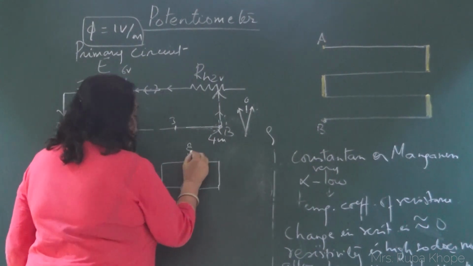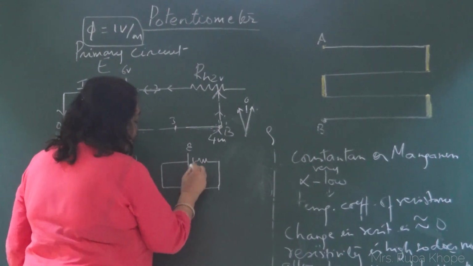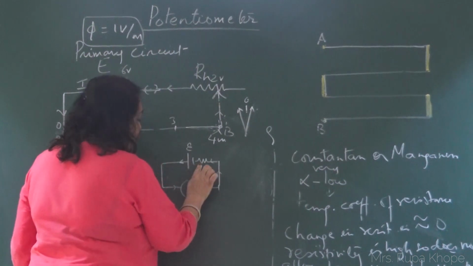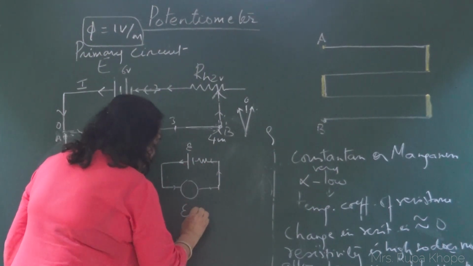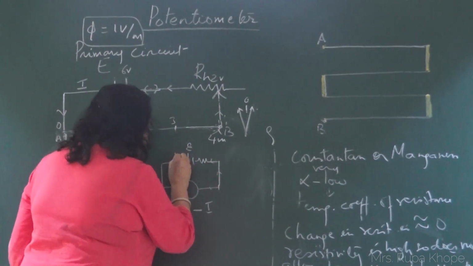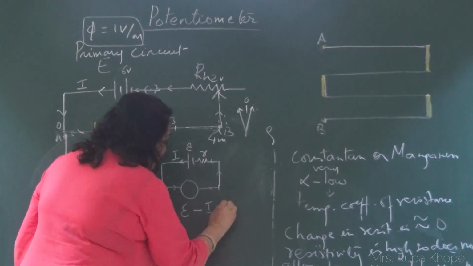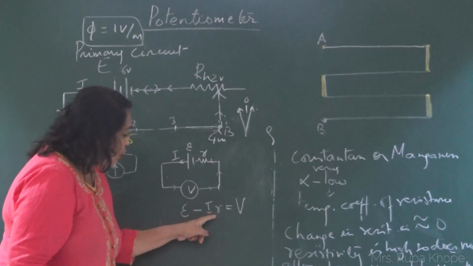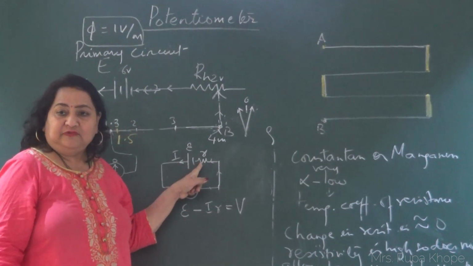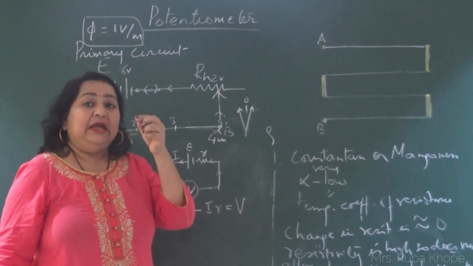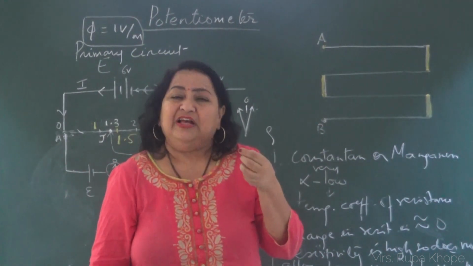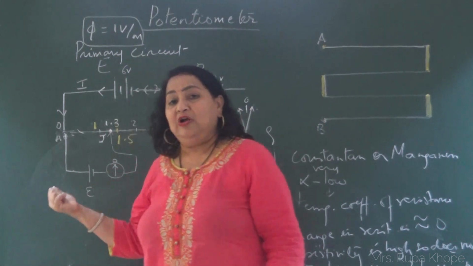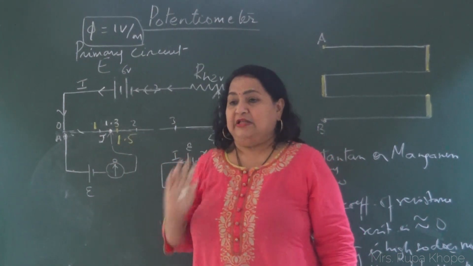It's because if you see the total circuit, E minus IR, where I is the current flowing through it and R is the internal resistance, is equal to the voltage. So some value is dropped across the internal resistance of the cell. Therefore, we get a slightly lower voltage, negligible but slightly lower compared to what we got. So it is not 1.3 volts, it is less than that.